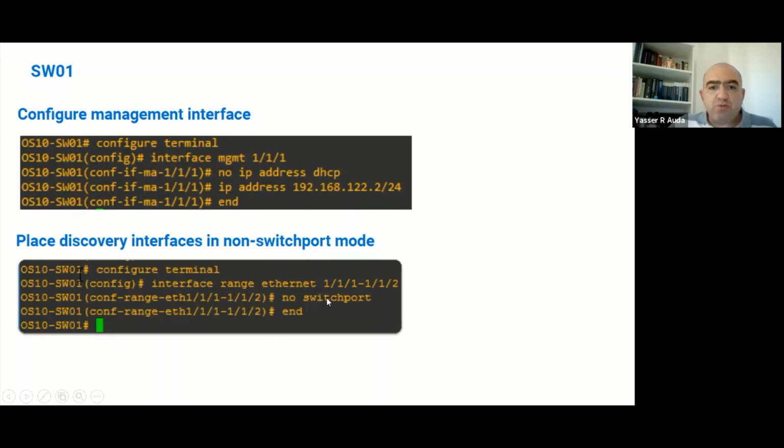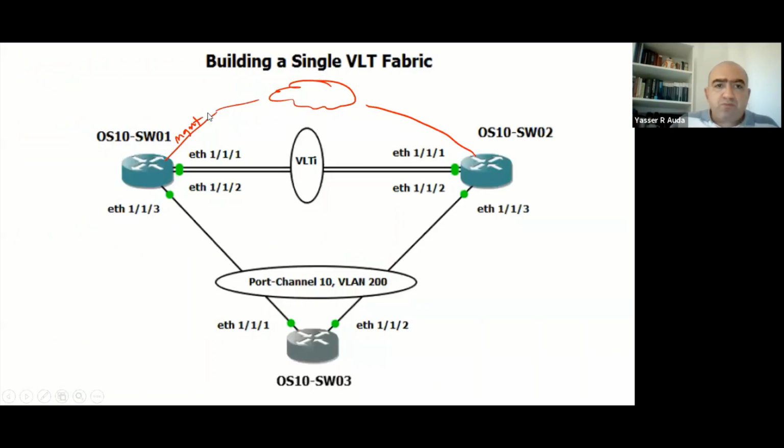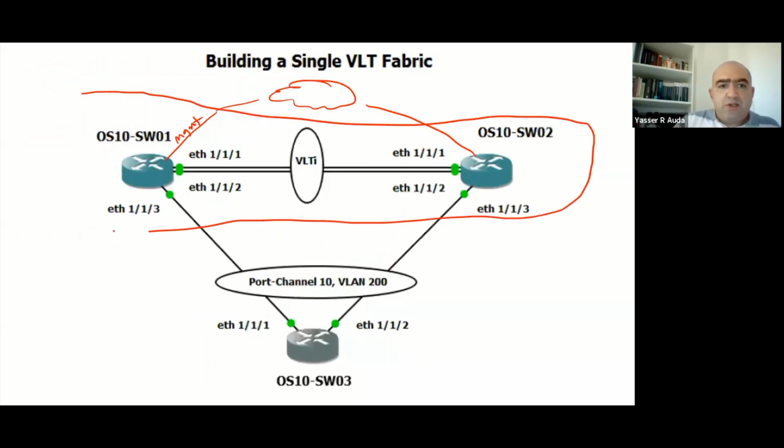Then I'm going to the interfaces, and I'm saying no switchport on 1/1/11 and 1/1/12. Then in switch 1, I'm creating my domain, and as you can see, I'm giving a number to my VLT domain, just a number. That means the domain representing these two switches is domain 1.